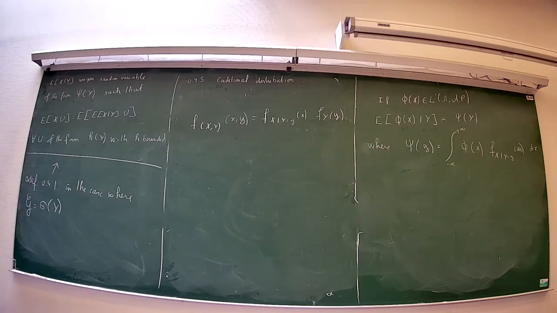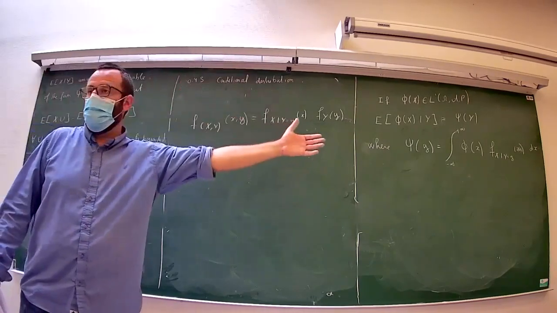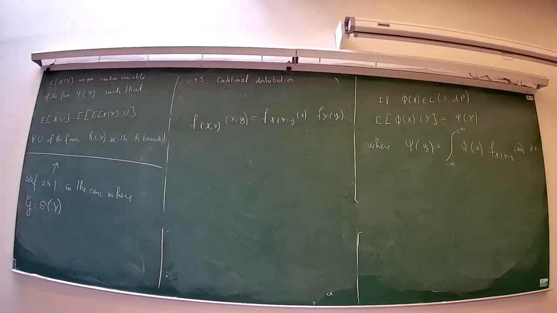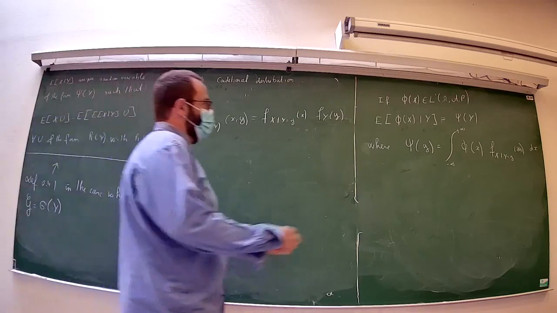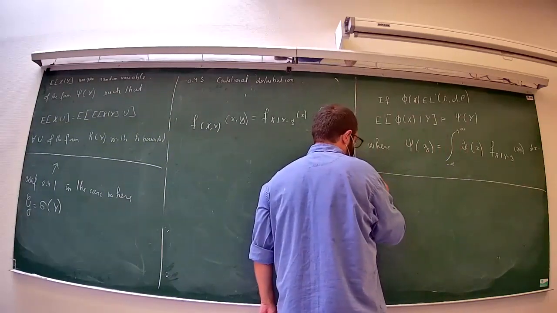The definition is just an extension of what you used to do in the case where I don't have a joint density. I have a general definition, but if I have my joint density function, I recover what you have done in the previous steps. I'll just have a look at the proof of this result.